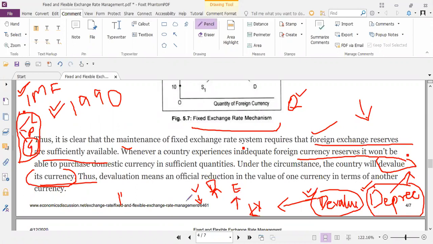See, you must understand this link between all these things. Value of money, rupee, decreases, demand increases, as a result exports increase, and then our foreign exchange reserve, forex, increases.